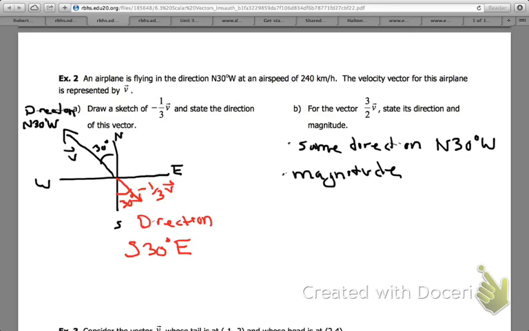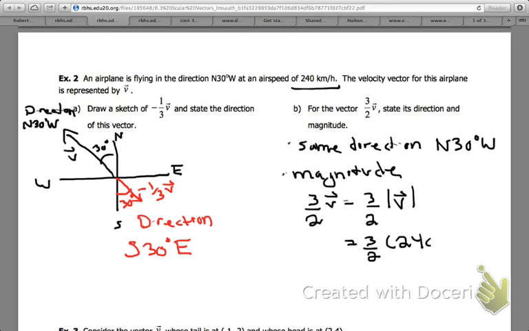We know that 3/2 times our vector v, and we also know from given above that our airspeed is 240 kilometers per hour. So to find our magnitude, we do 3/2 times our magnitude of v, and we know our magnitude of v is 240 kilometers per hour. So we do 3/2 times 240, and what we're going to get is 360 kilometers per hour. So that is our direction and our magnitude for 3/2 times our vector v.